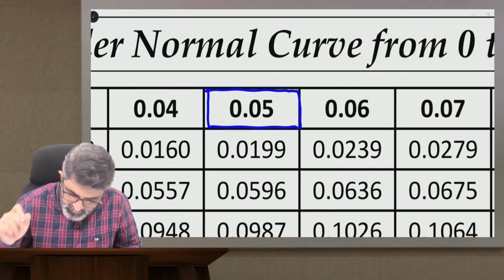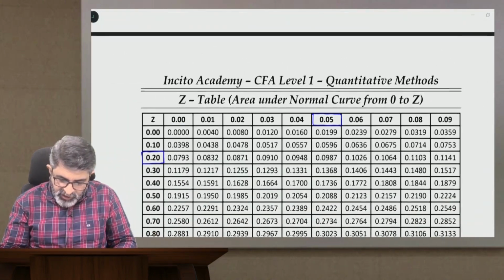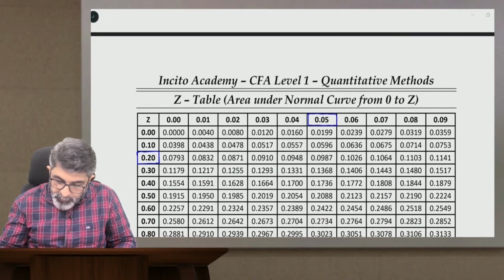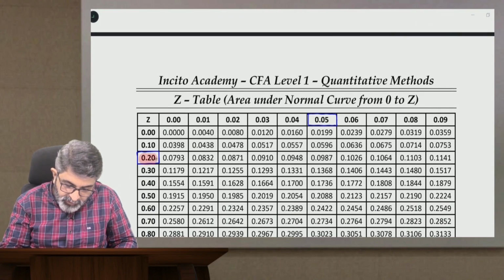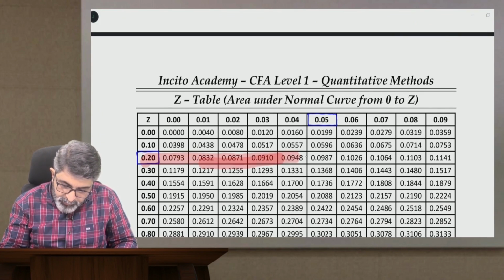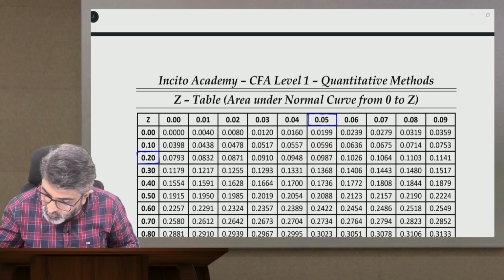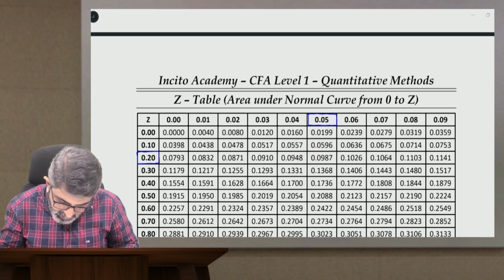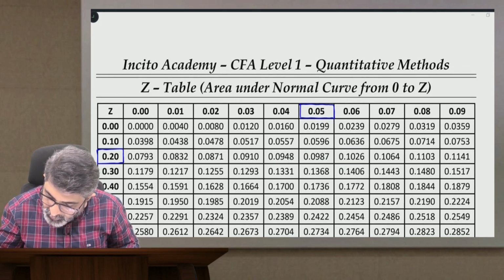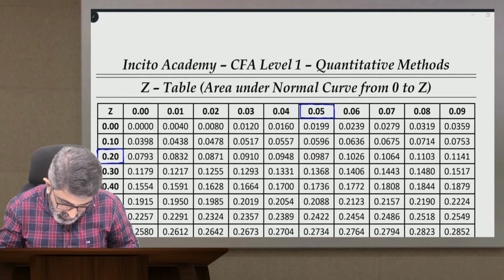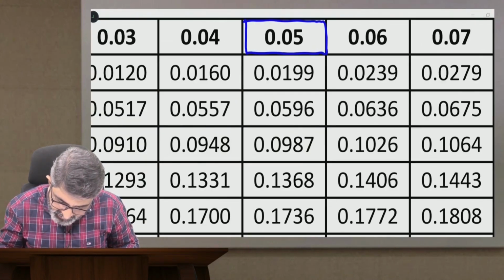This particular column 0.05. Now let us see the intersection point of this 0.20 and 0.05, the intersection point is this. So what I'll do is I'll just highlight this particular cell and it will be 0.0987.